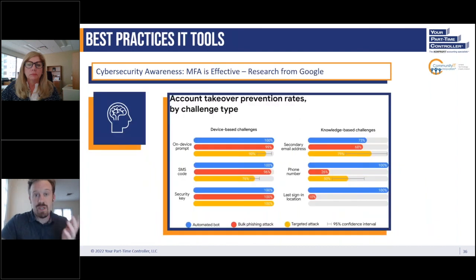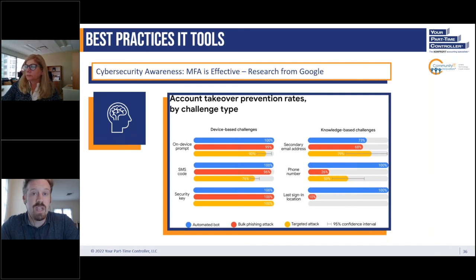And Google has what they call Project Zero, which is their security research team, and they identify that the most common attacks that nonprofits are going to face, which are these automated bot or bulk phishing attacks, multi-factor authentication is very effective in preventing those attacks from being successful, in terms of having your password be disclosed and then being used to log in and target other users from your account.